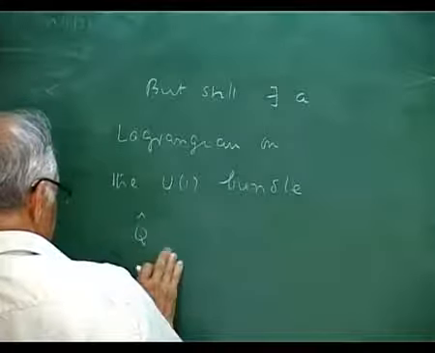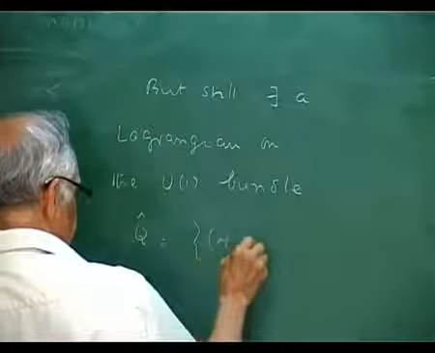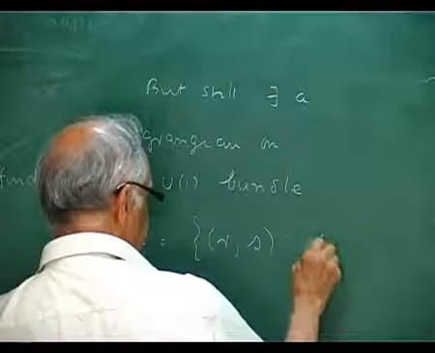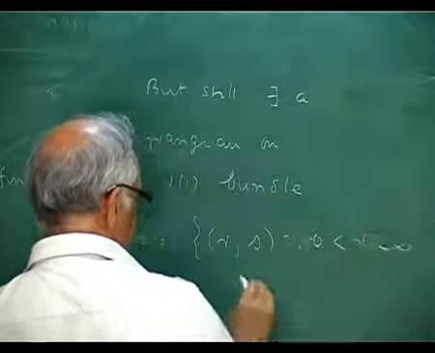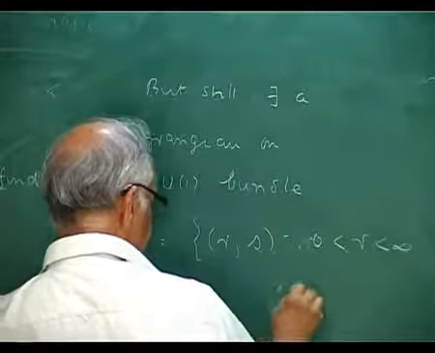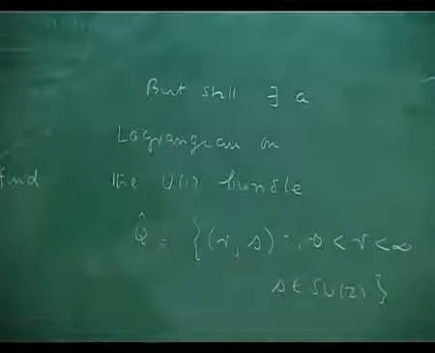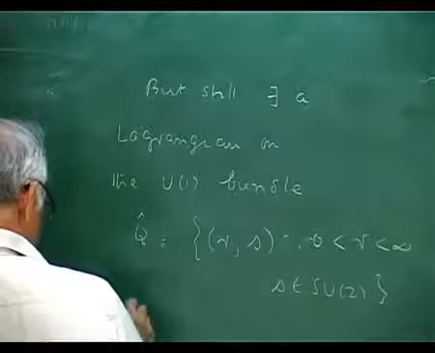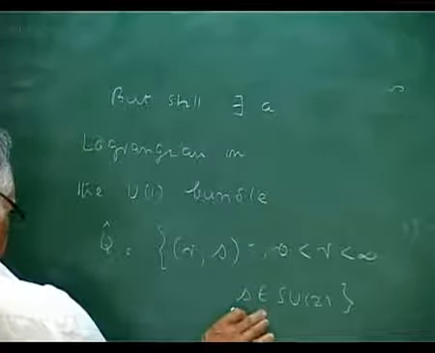It's not Q. The coordinates of this will be R and S. R will go from 0 to infinity, but excluding the origin, and S will be an element of SU2. And again our unit vector. This S has an extra degree of freedom.